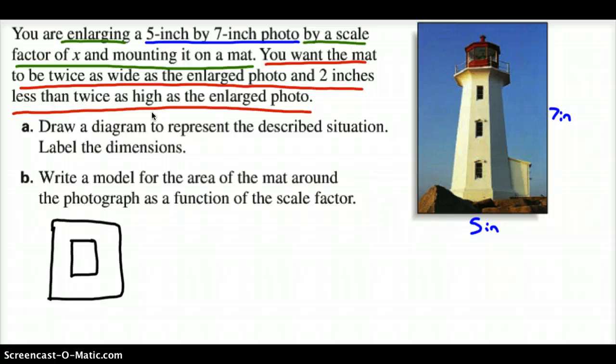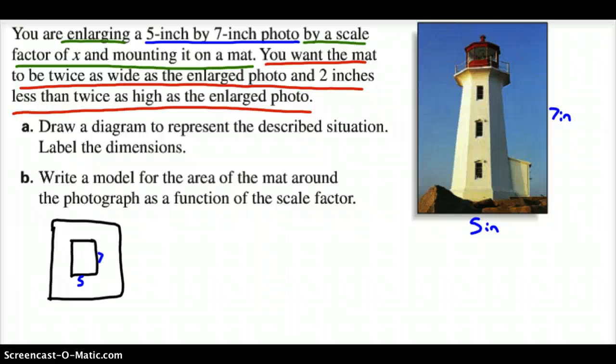All right, so the first thing I'm going to write down is this is 5 inches. I'm not even going to write the inches part. I'm just going to write 5 and 7. Okay, so that's a good start. Now we're enlarging this photo by a scale factor of x, and we'll maybe get back to that in just a second.